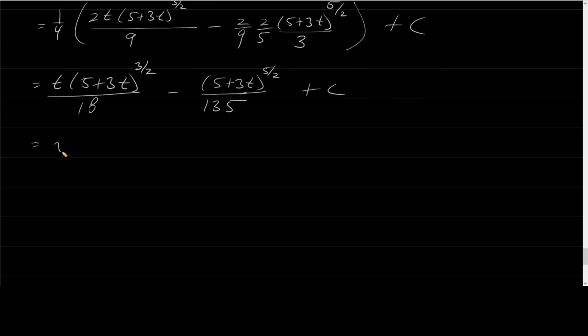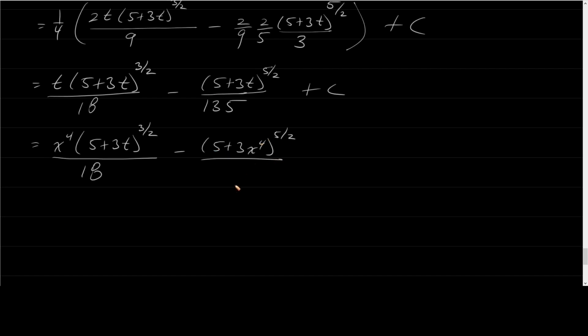So I'm going to get now x to the 4th times (5 plus 3t) to the 3/2 over 18, minus (5 plus 3x to the 4th) to the 5/2 over 135. And then all of this plus c. So that would be our final answer there.